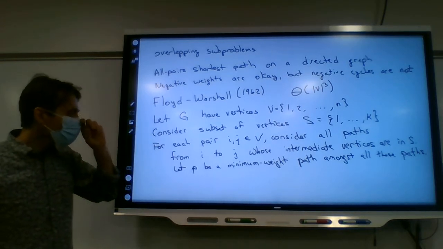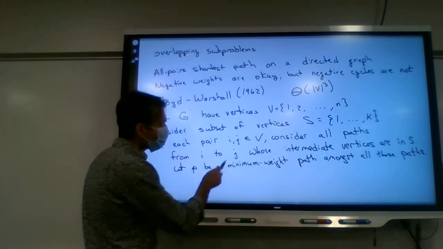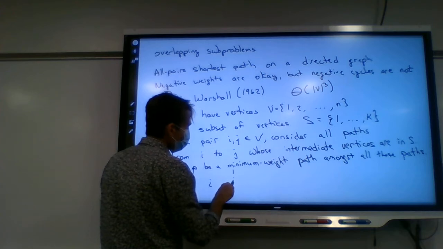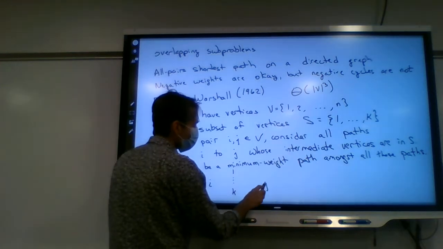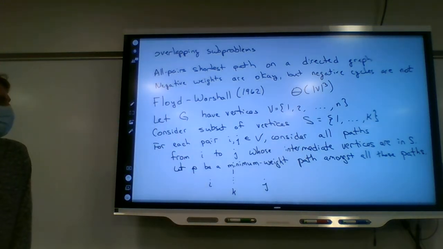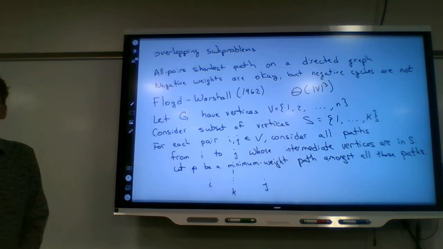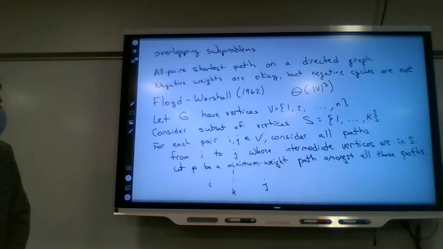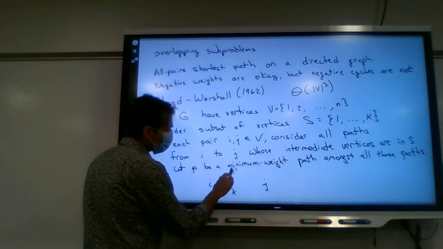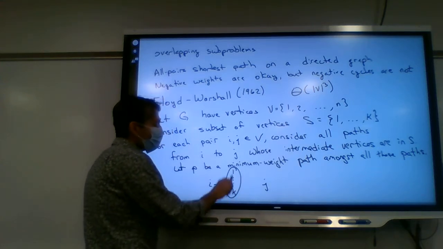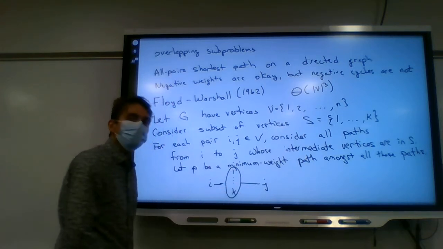All right, now what's going to happen? We have vertex i. We have all of these vertices in S, and we have vertex j. i and j could potentially be in S. But from i, we're going to this set, and then all the other edges are between here, and then we go to j.